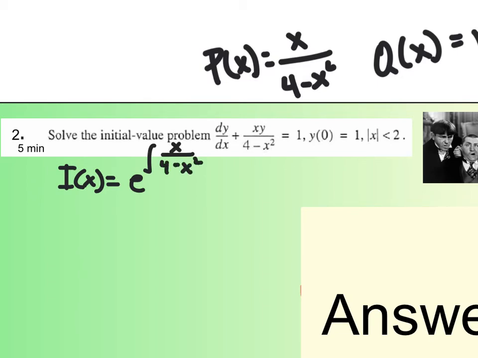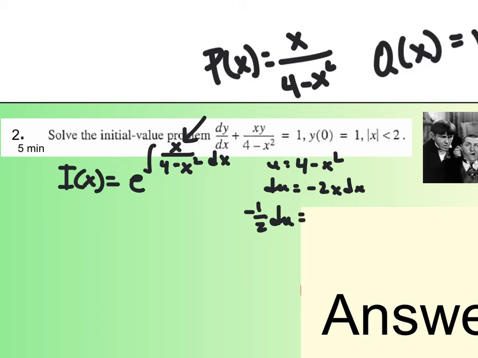That is a u-substitution integration problem. I'm going to set u equal to 4 minus x squared, so du is equal to -2x dx. I see an x dx here, but I don't see a -2, so I'll go -1/2 du equals x dx.